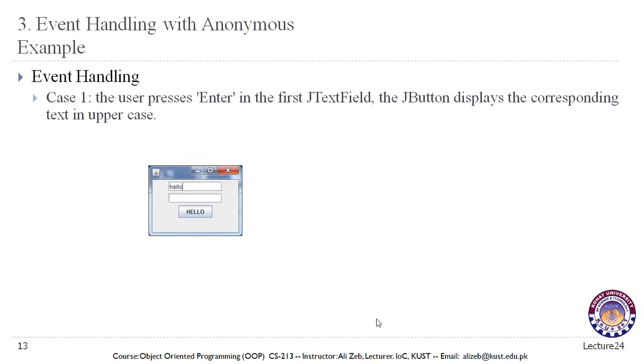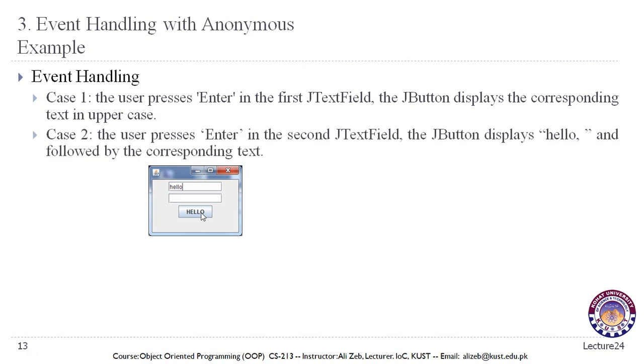So what should happen is that when we have this JTextField and we click this button, whatever the text in this text field is should be displayed on this button in uppercase.